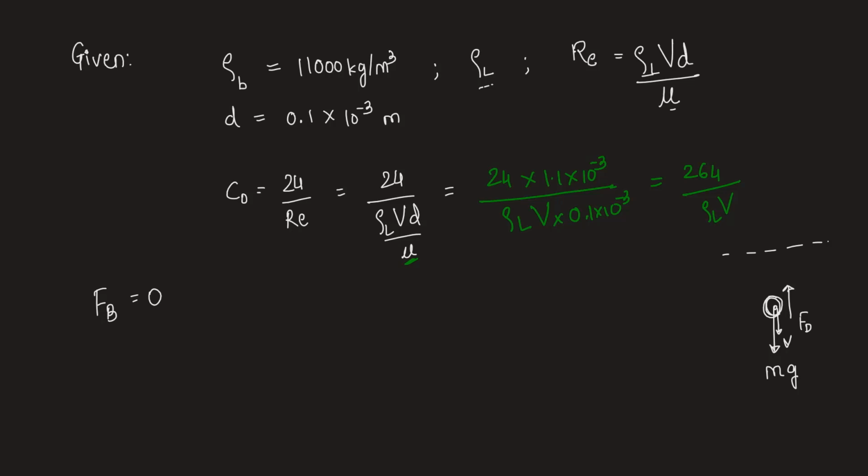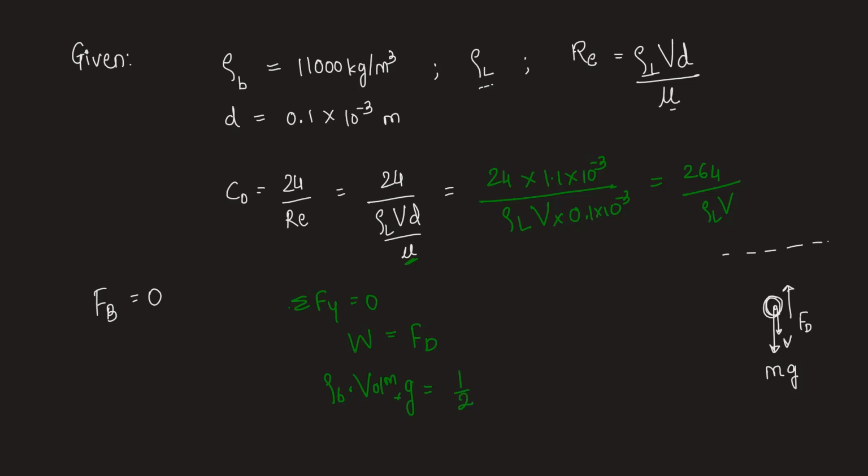So we now have, for this particular instant, we can use the equilibrium equation, summation Fy equal to 0. This gives us weight of the bead will be equal to the drag force on it. So we can write down weight is mass into gravitational acceleration. Mass can be written as density into volume into g is equal to drag force, which is already given to us.